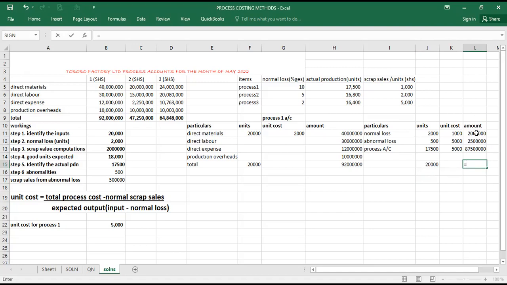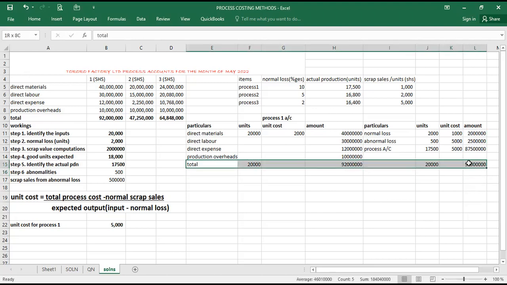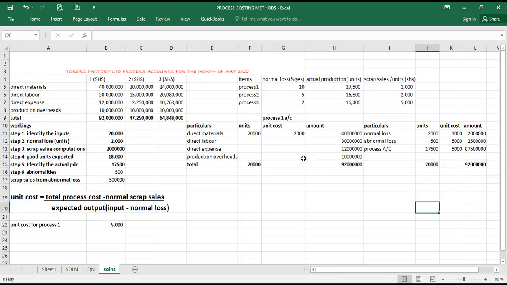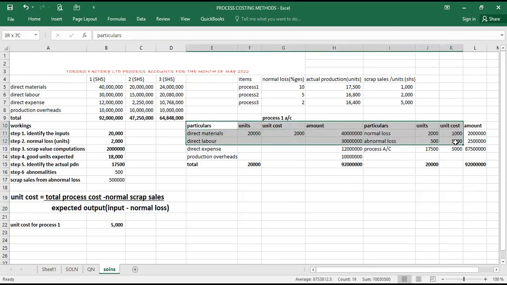Even this side, they must be equating. The only way they can be not equating is when you've rounded off, and what is causing the difference is the rounding of figures. But if not that, they are supposed to be equating. So by the time you leave the examination room, you know whether you've passed or failed, because they should balance.